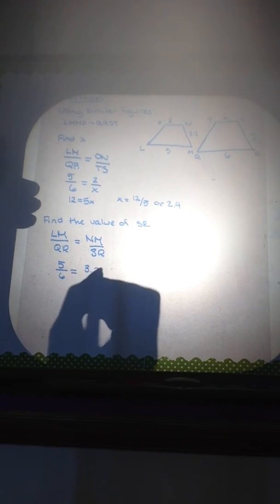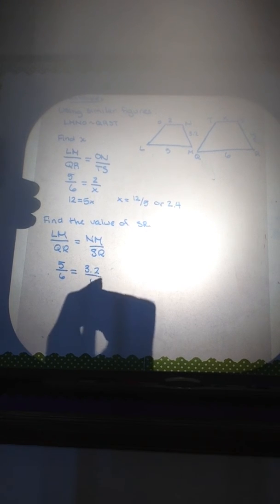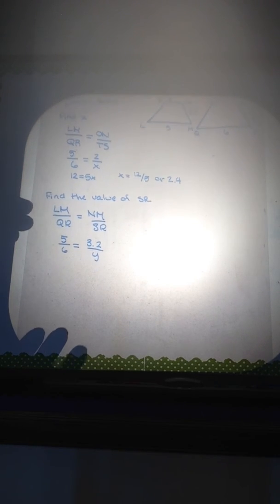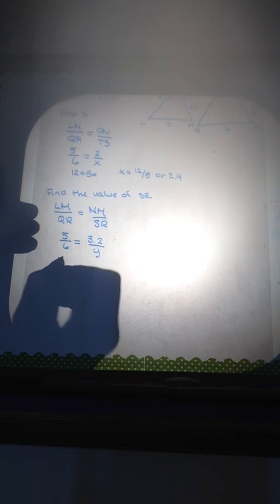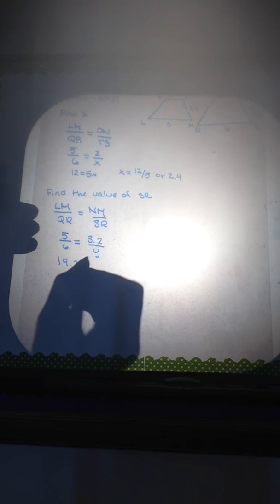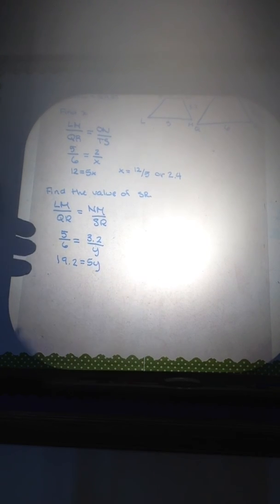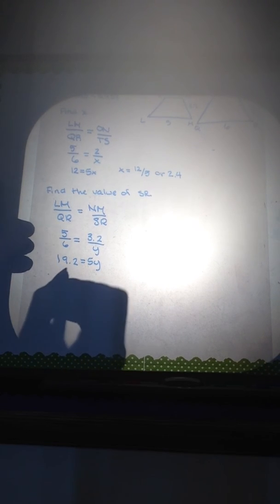Okay, so LM was 5, QR 6, NM is 3.2, and SR is what I'm looking for. We'll make that y. So I do my cross product, 6 times 3.2, which is 19.2, equals 5y, and then divide by 5, and I get 3.84.